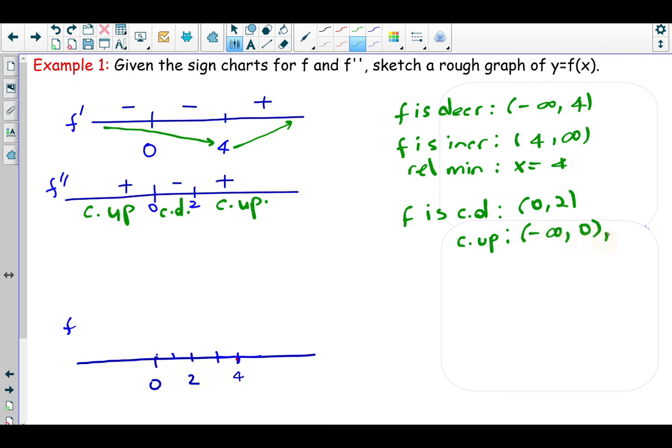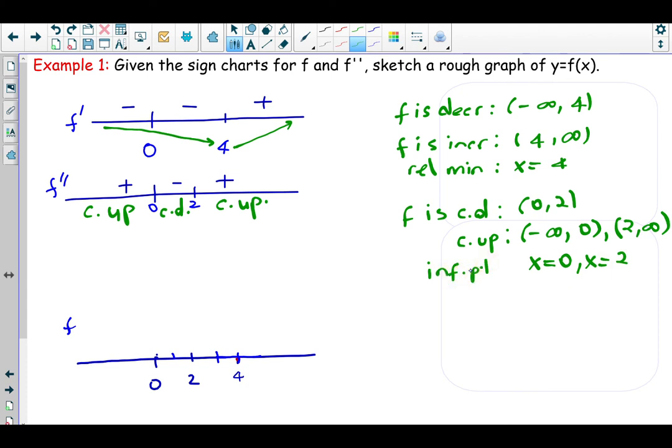Also, you can put a comma or a union symbol, comma, from 2 to infinity is concave up. And where are the inflection points? This is where concavity changes direction, so it went from plus to minus or minus to plus. So at x equals 0 there is an inflection point, also at x equals 2. So at x equals 0 and x equals 2 we have inflection points.